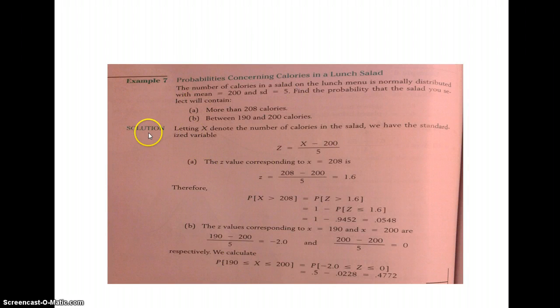Okay, so there are 3 cases in homework 6.29.